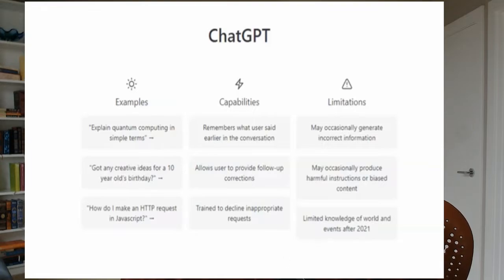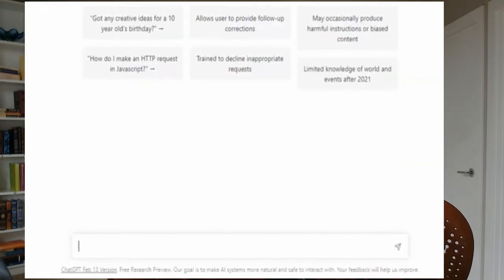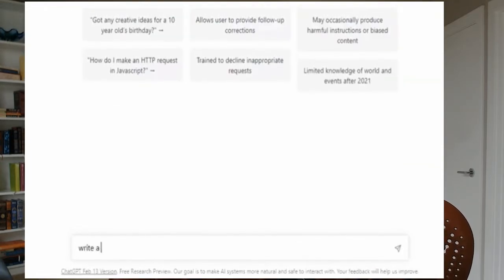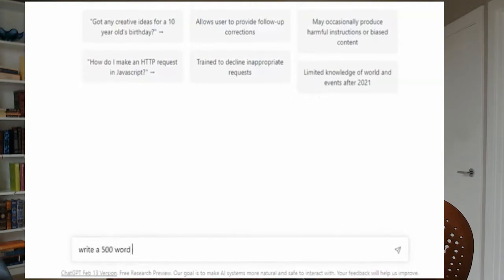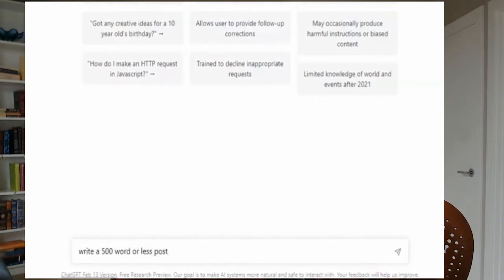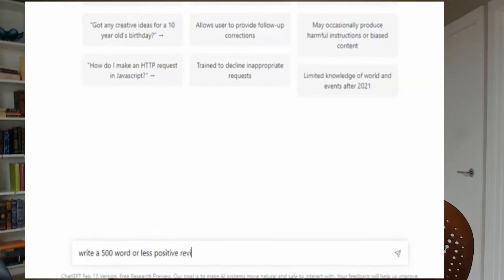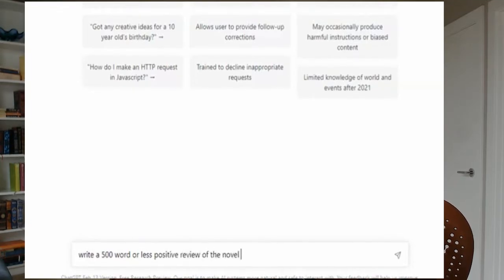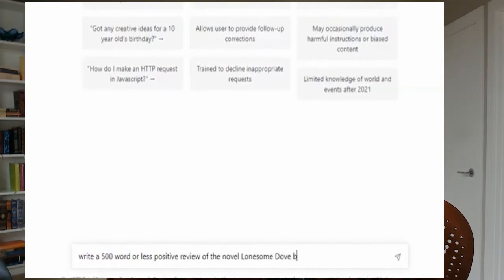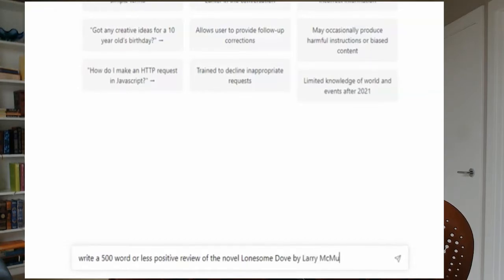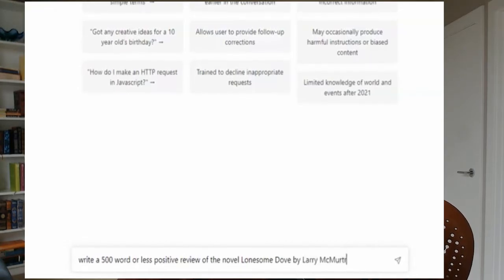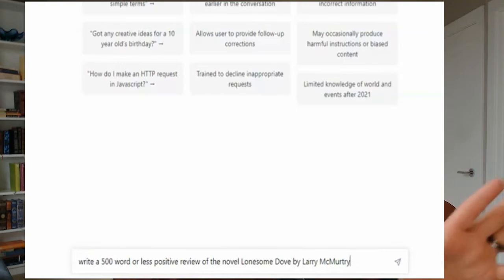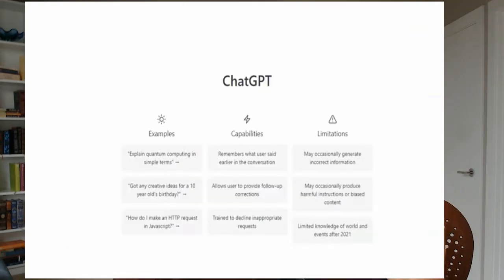So I am in here, I'm going to ask it to write a 500 word or less positive review of the novel Lonesome Dove by Larry McMurtry. Hey, so I read this last year, 5-star read, love it. Let's see what this does.